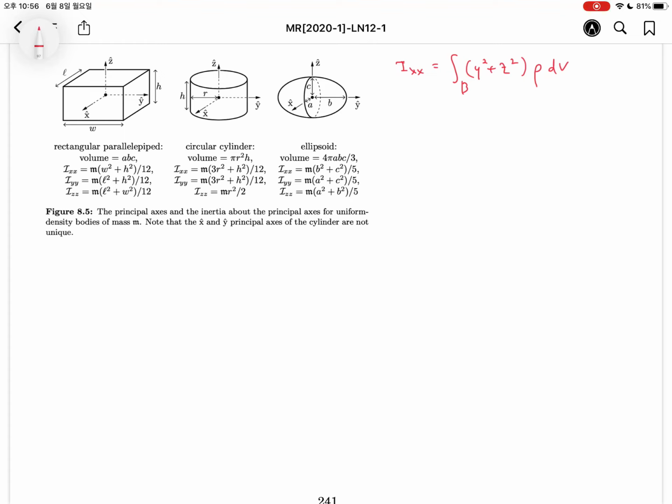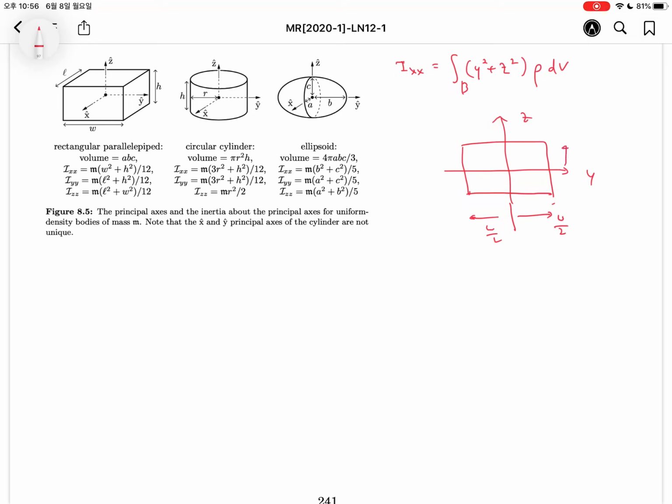Is it right? So let's project this rectangular into the x direction. Then we have this is the y, this is the z. Maybe we will have the rectangle, as seen from the viewpoint of the x-axis. So this is the w, so it is w over 2, maybe the negative sign.